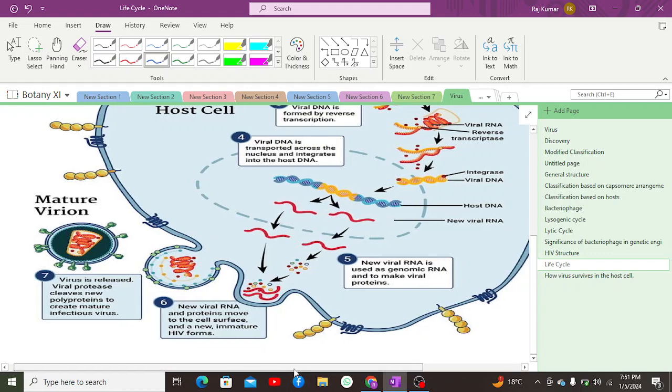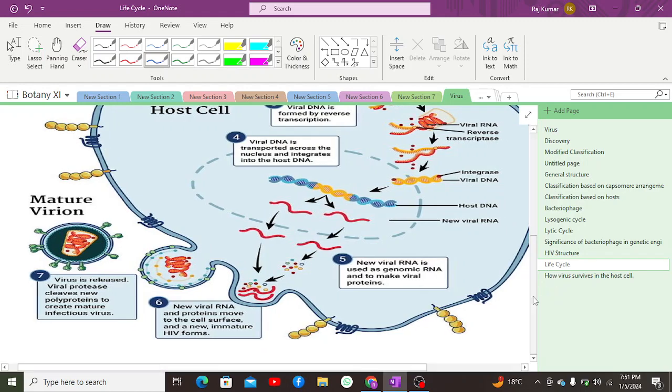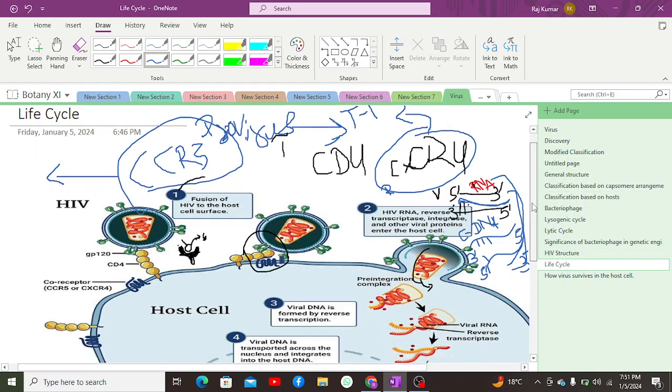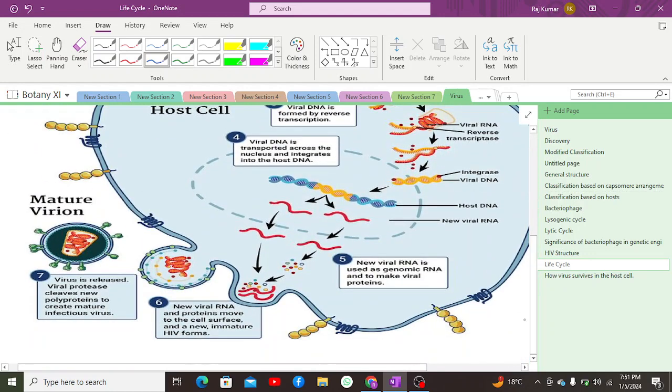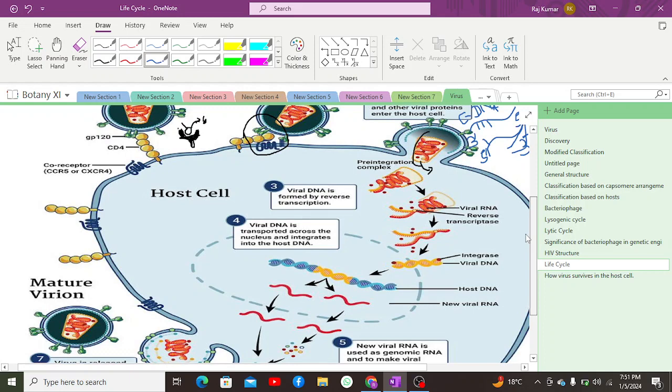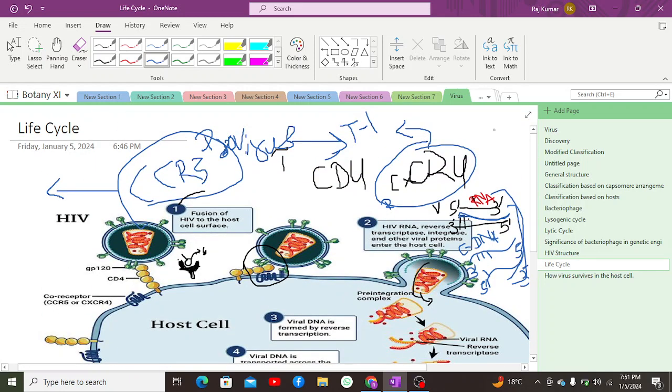Moreover, one more thing I wanted to discuss here is that the virus HIV has 9 genes within its double-stranded DNA. Sorry, it's not double-stranded DNA. Double-stranded DNA is formed within the cytoplasm. Before double-stranded DNA, its original viral genome is a single-stranded RNA.